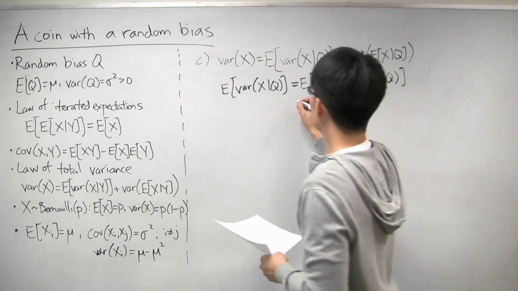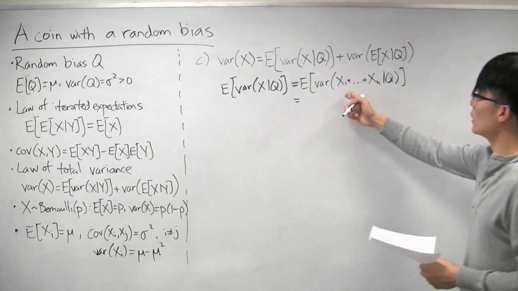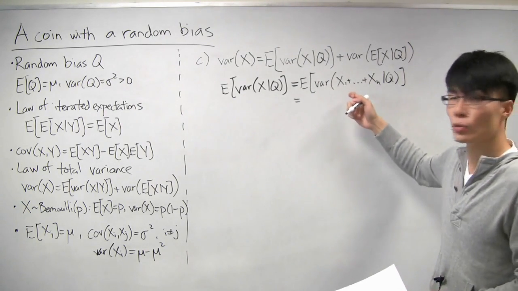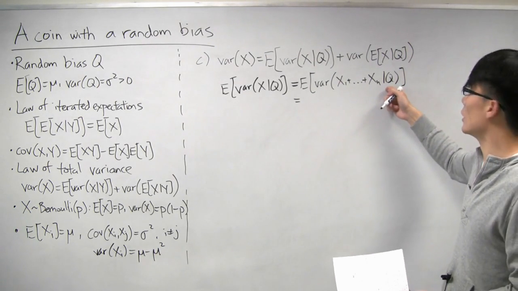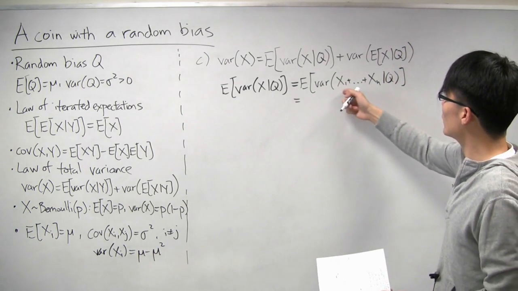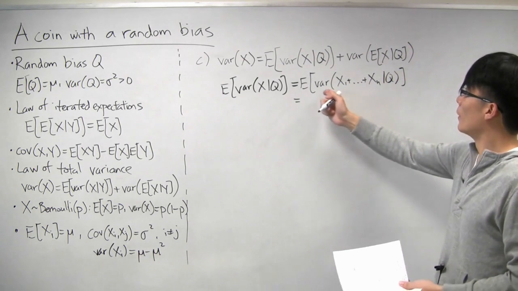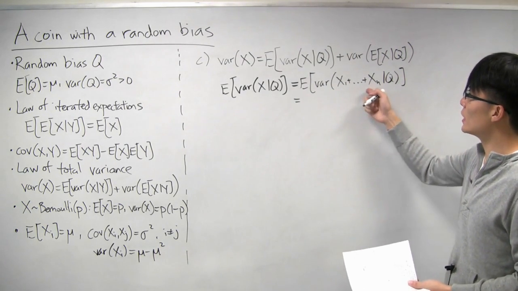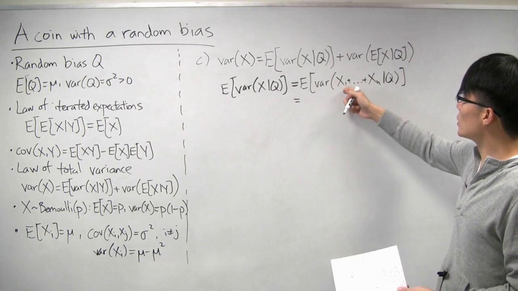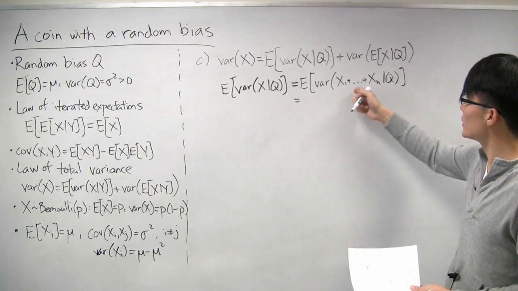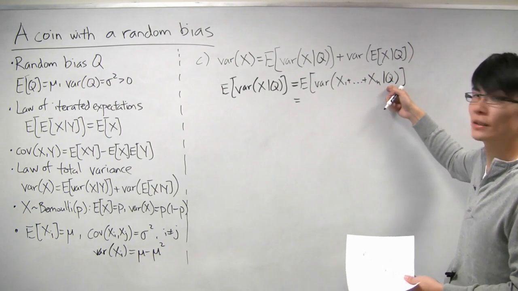And now, we'll again use the important fact that the x's, we're told, are conditionally independent, conditioned on q. And because they're independent, remember the variance of a sum is not always the sum of the variances. It's only the sum of the variances if the terms in the sum are independent. In this case, they are conditionally independent given q.